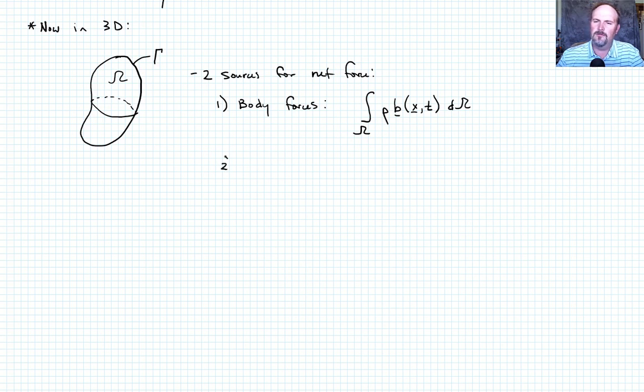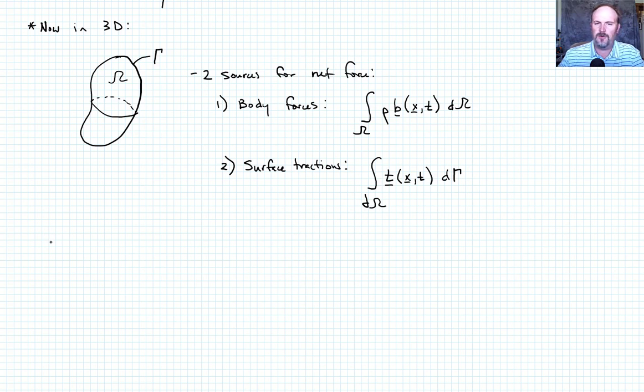We also potentially have surface tractions. Forces cannot come from anywhere else. And those are going to be written as something along the boundary of omega. Those will just be the traction, another quantity that varies on the boundary, times d gamma. Okay?